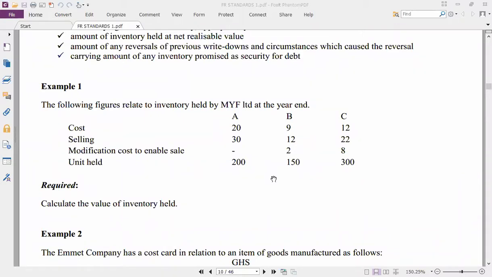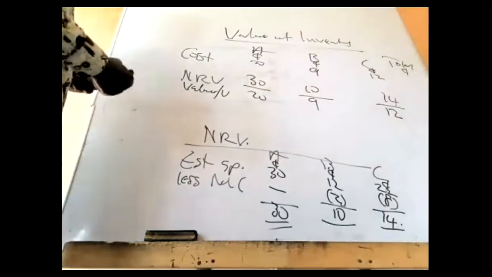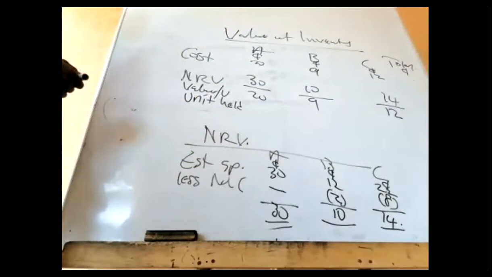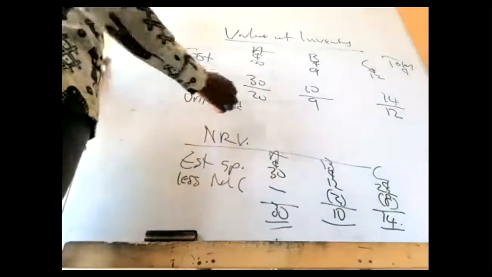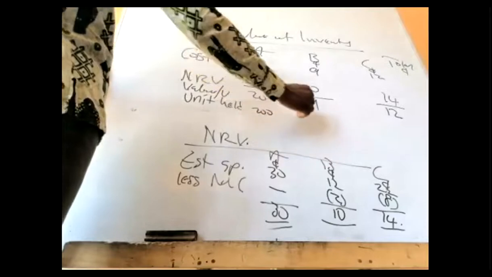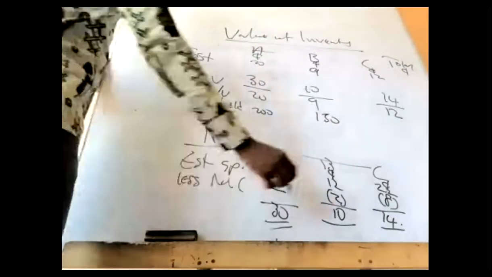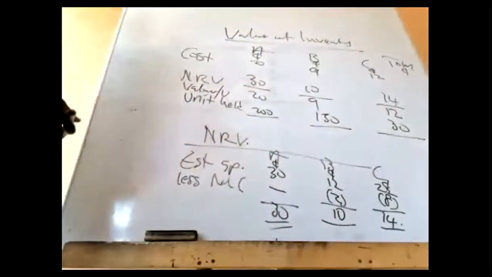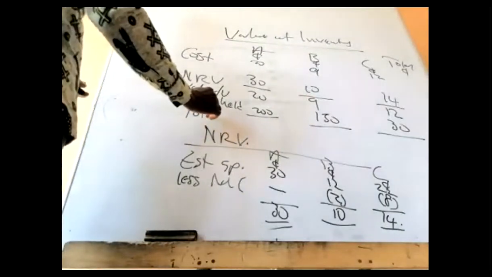What we have here is just per unit, so to get the total value we multiply the units held, which is 200, 150, and 300, by the value per unit.